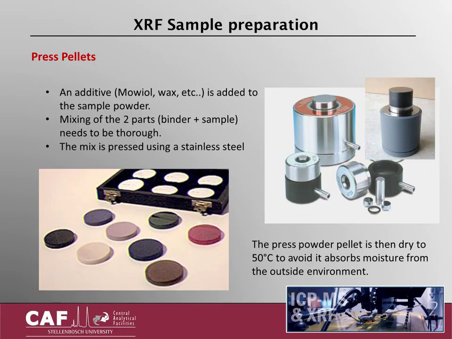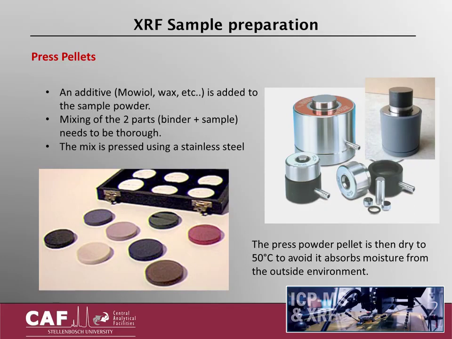A wide variety of additives are available, but most commonly used is mauve oil or a type of wax. The binder acts as a type of glue to hold the powdered sample together in a shape. The binding agent must be contaminant free, the binder to sample ratio should be as low as possible, and the sample and binder must be mixed well.